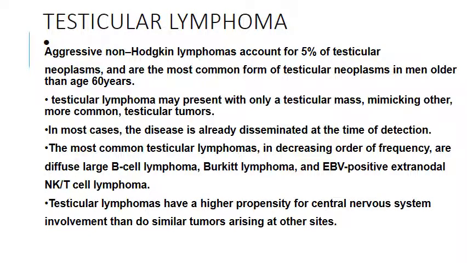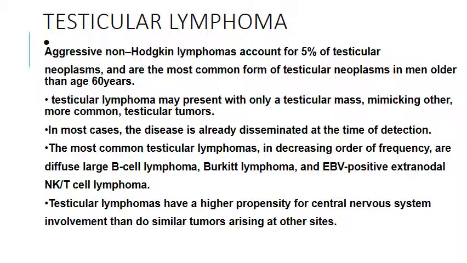One of the important entities among the tumors placed in others is testicular lymphoma. Testicular lymphoma is one of the types of non-Hodgkin's lymphoma. Usually they occur in persons above 60 years. They are common mimickers of testicular tumors.